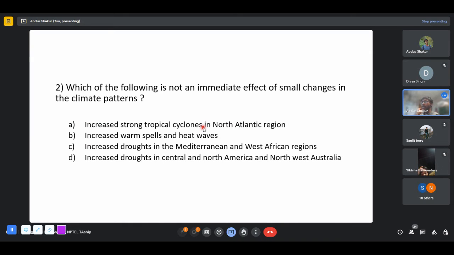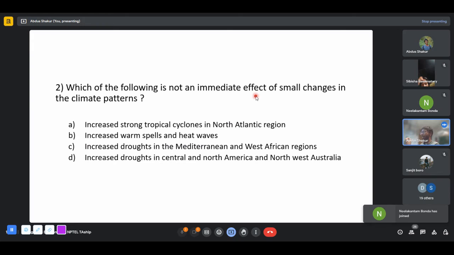Going ahead. Which of the following is not an immediate effect of small changes in the climatic pattern? There are a set of arguments that were given. Which of them is not an immediate effect that you will see due to the change in the climatic patterns that we are witnessing today? Increased strong tropical cyclones in the North Atlantic region.